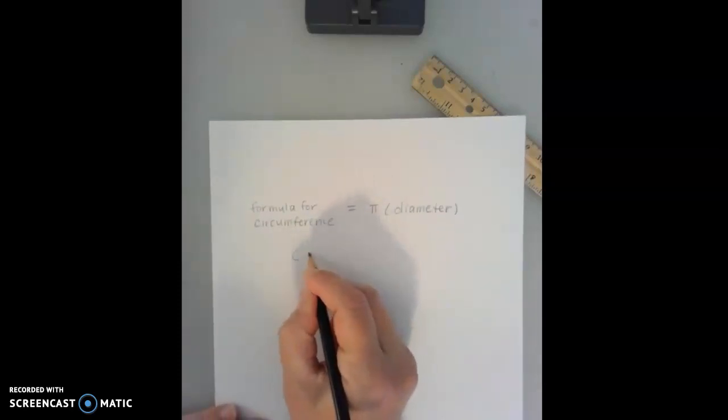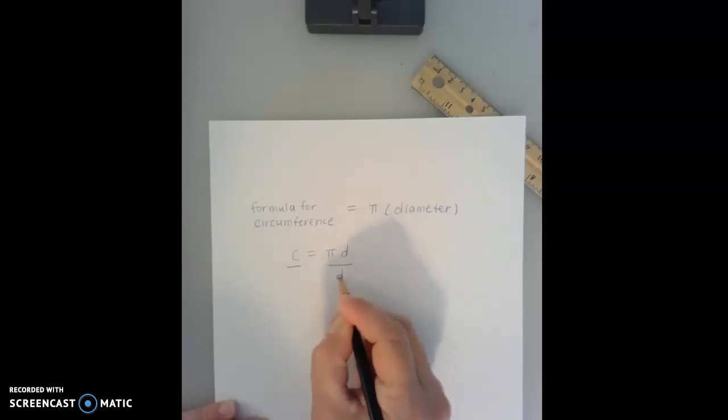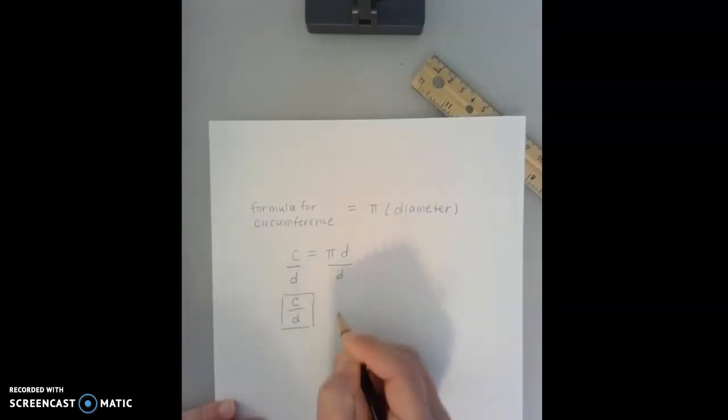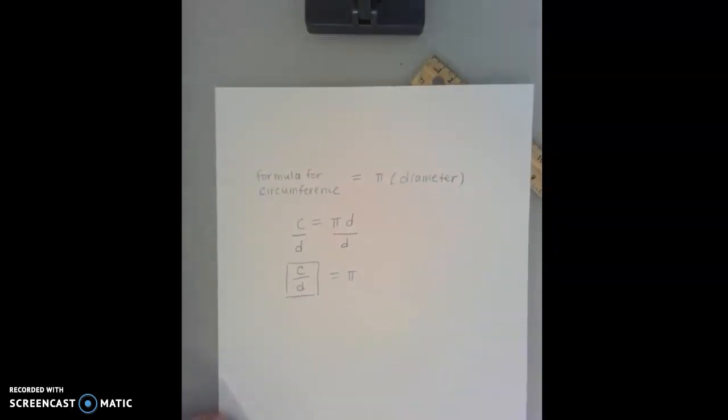Writing that in math symbols, I have C is equal to pi times d. And if I divide both sides by d, this is the ratio that we were just looking at on the other side. And so this should be giving us an estimate that's close to pi. So again, you'll do that activity 3 times for 3 different circles, looking at the circumference.